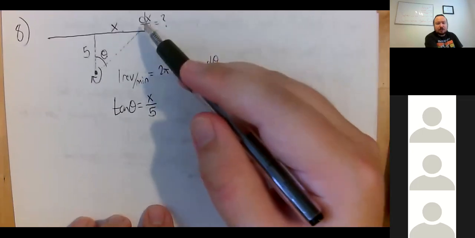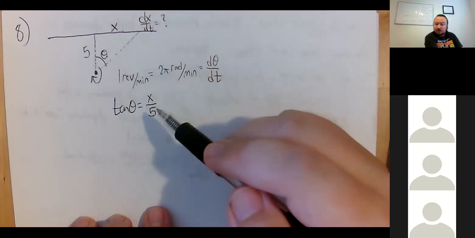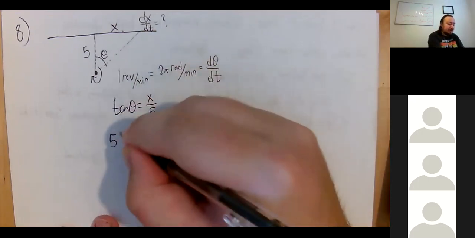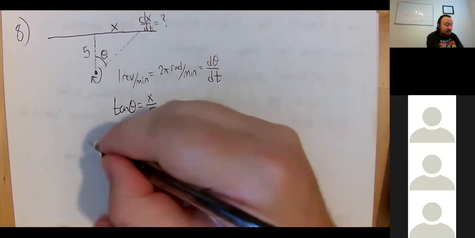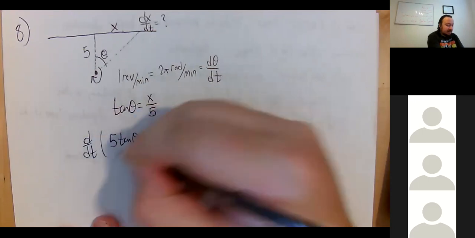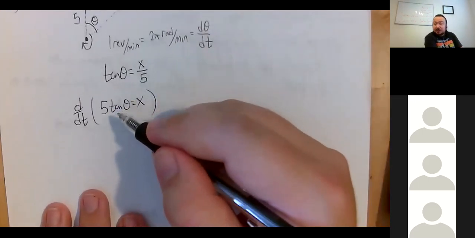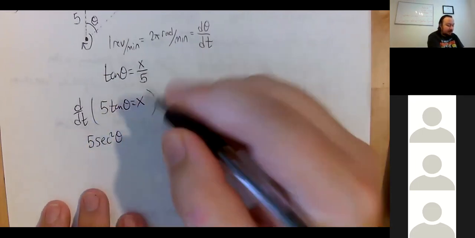Since we're interested in dx/dt, we want to take the derivative of this. So we get those derivatives in there. Before I do that, I'm going to move the 5 up here to get x on its own. Then I'm going to do d/dt of my equation. The derivative of tangent is secant squared. So we have 5 secant squared of theta.